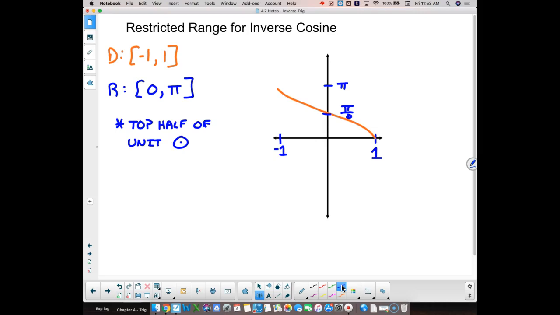Inverse cosine is the top half of the unit circle. Okay? Which is nice because now we don't have to deal with those pesky negative angles. We're all positives all the time. Okay? Let's put it to work. Let's do something.